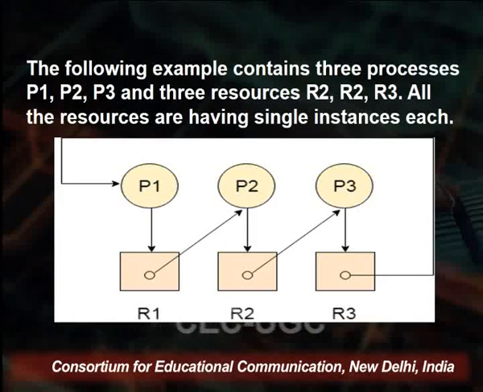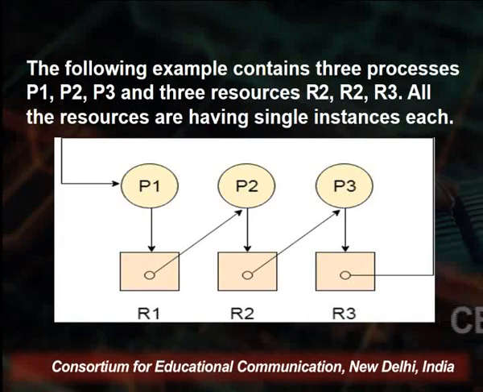Along with holding R1, P2 has also requested R2, and R2 with its single instance has been given to P3. And P3, along with holding R2, has also requested R3, which is already given to P1, as shown with the help of this long edge starting from R3 going to P1.